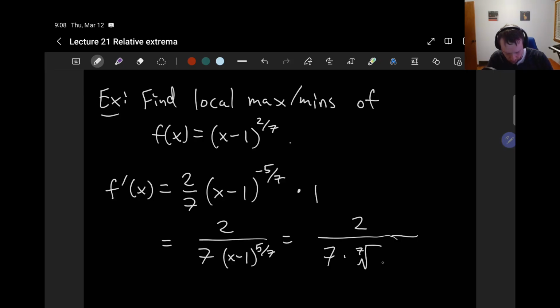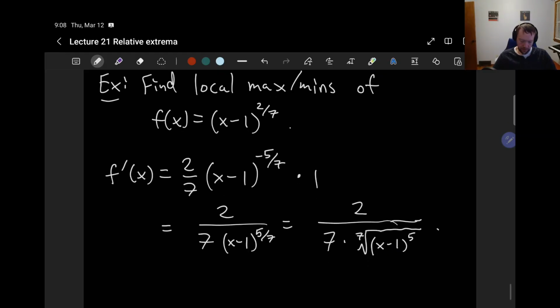This is the 7th root of (x minus 1) to the 5th. So there's the derivative. And remember, I'm trying to find critical numbers.